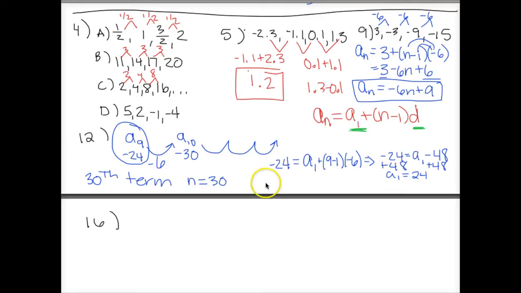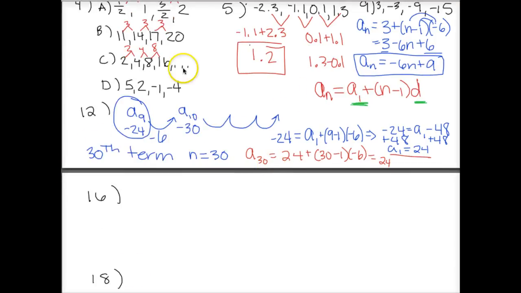And so now I can find the 30th term by saying, okay, a sub 30 is going to equal a sub 1, which is this guy, 24, plus 30 minus 1 times negative 6. So that's going to be 24 and then 29 times negative 6.